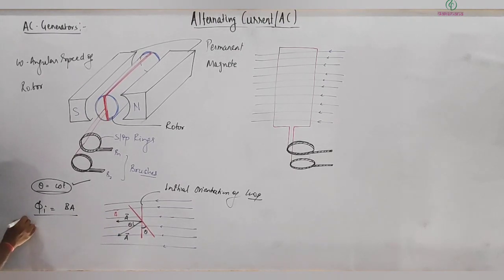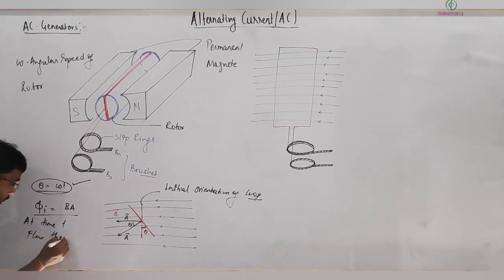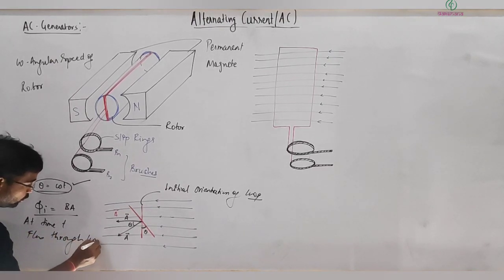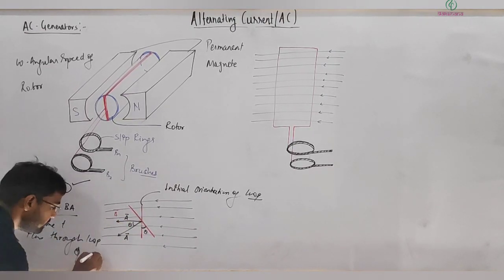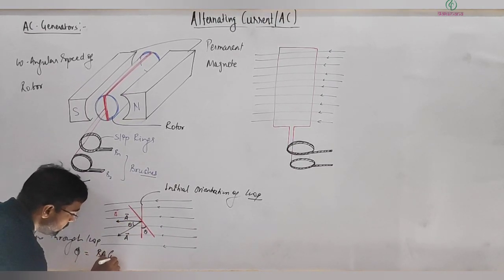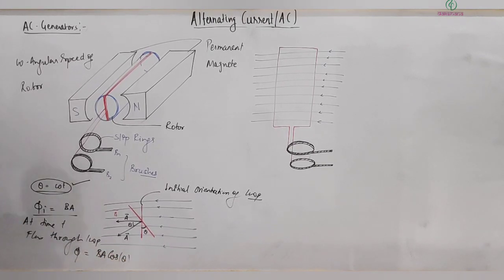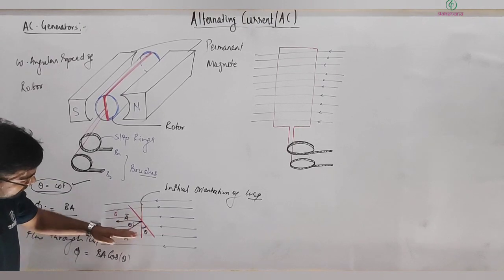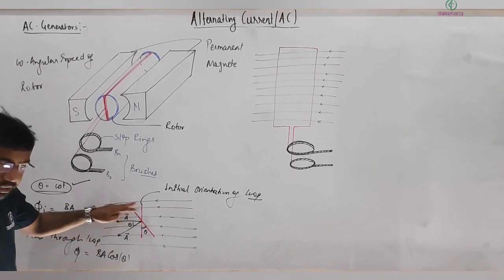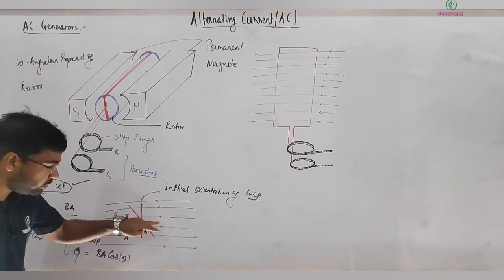So at time t, the flux through the loop, phi, I can write as B A into cos theta, because this area vector can be resolved into two components: A cos theta, and A sin theta, which is oriented this way.